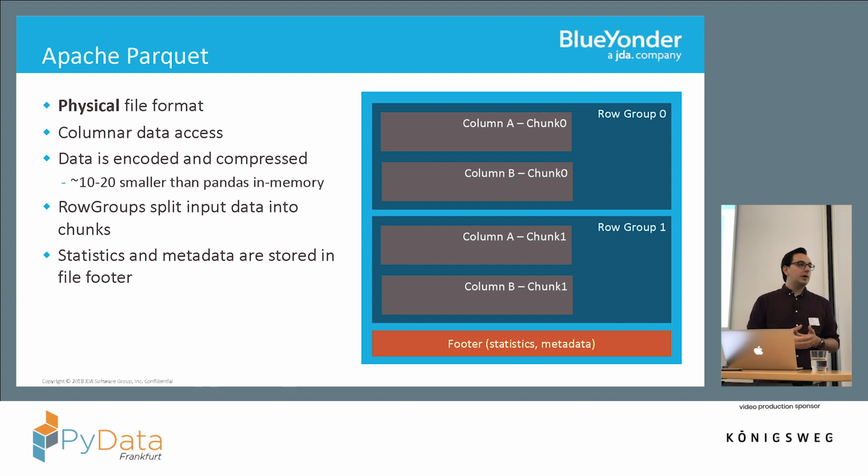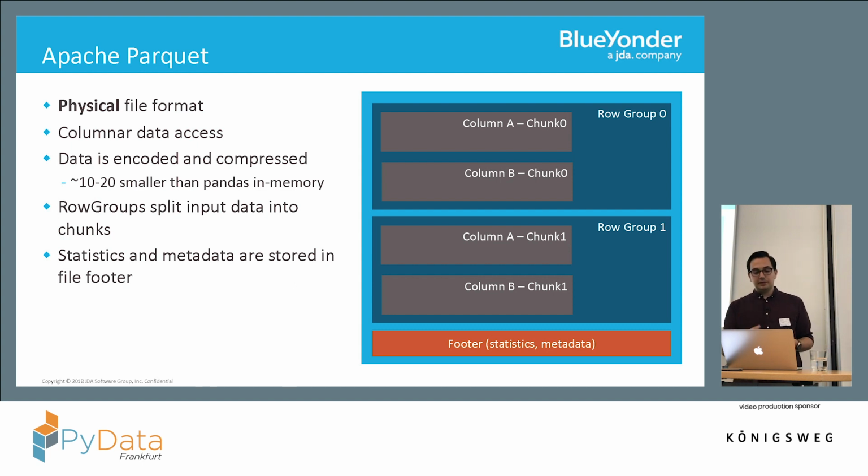Uwe talked already about Parquet, and I will give you a very brief introduction to what Parquet is all about, because there's, at least to my understanding, one very important feature one should be aware of, which is called predicate pushdown. How this works is that Parquet splits your data into several chunks.